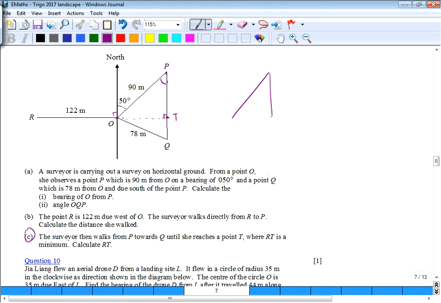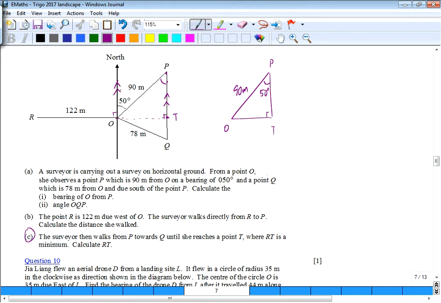So this is my triangle that I want to use: O, T, P. This is 90 meters. This is 50 degrees. Why 50 degrees? Because alternate angles. Okay? These are parallel lines.